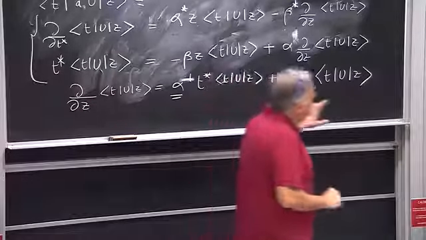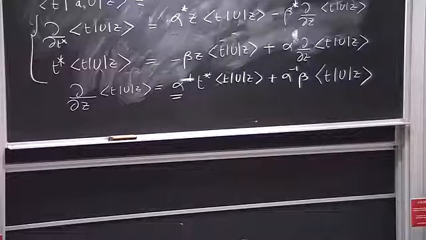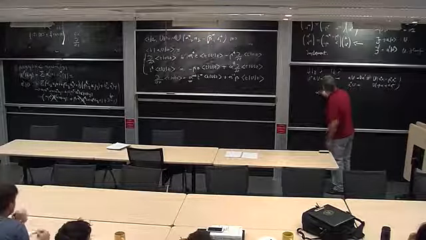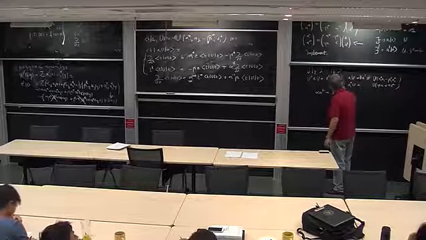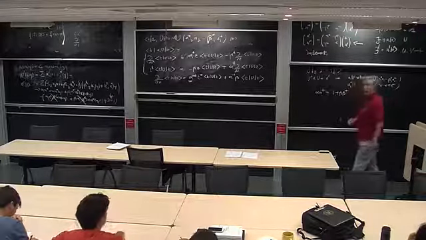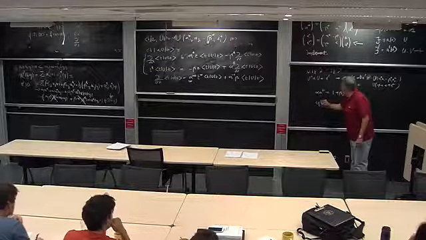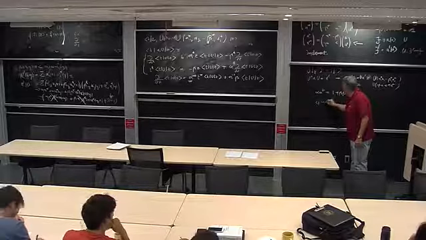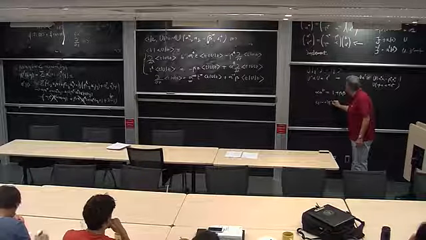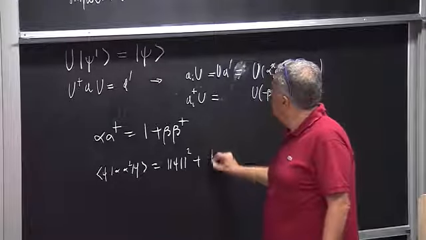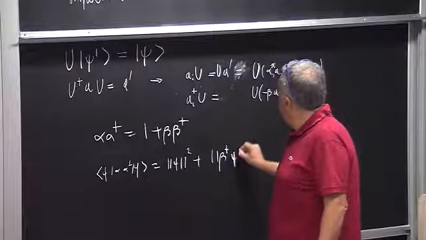Is this true? You see from here the relation alpha alpha dagger equals one plus beta beta dagger. If you take the mean value of this operator in between a state, whatever it is, this is the norm of alpha dagger psi squared plus the norm of beta dagger psi squared.